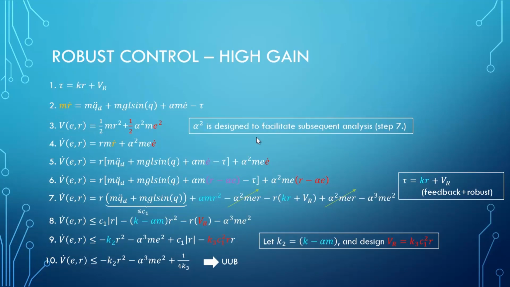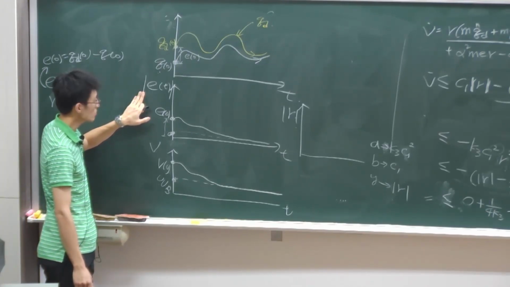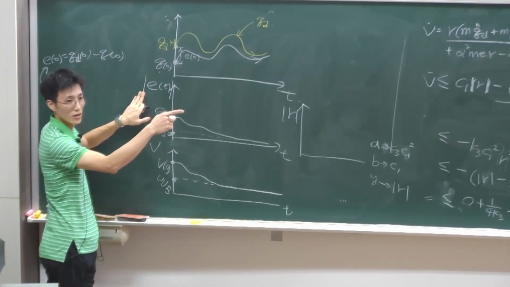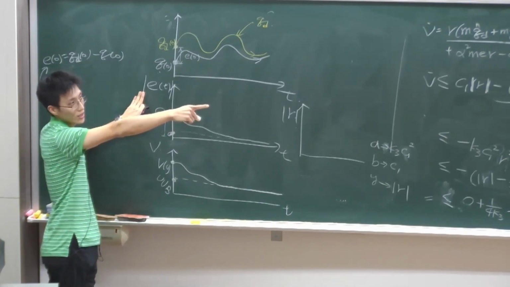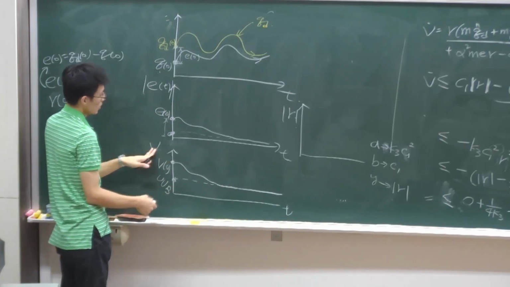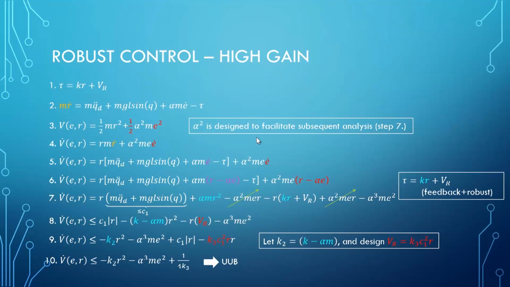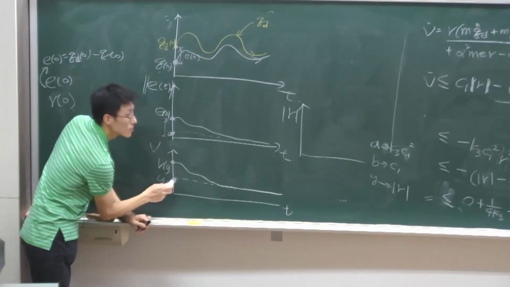So given a V value, you can only find R squared, E squared, not R or E, only squares. V is always positive because you have R squared, E squared. And when you try to infer the error signals from V, you need to put absolute values because it's always positive. So how do you find this?